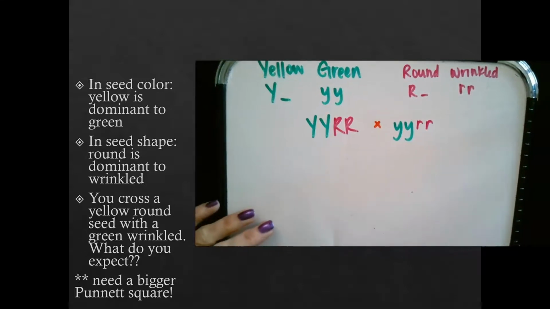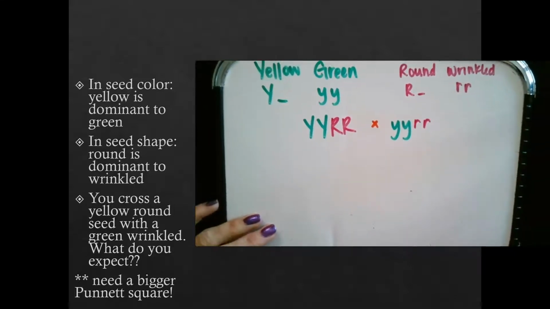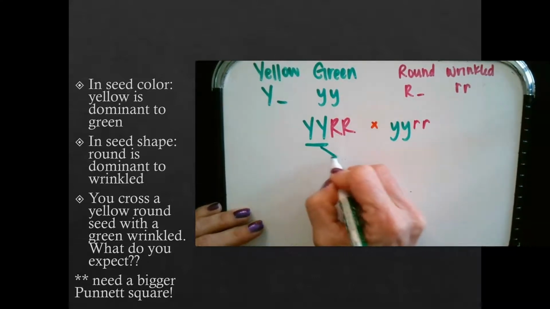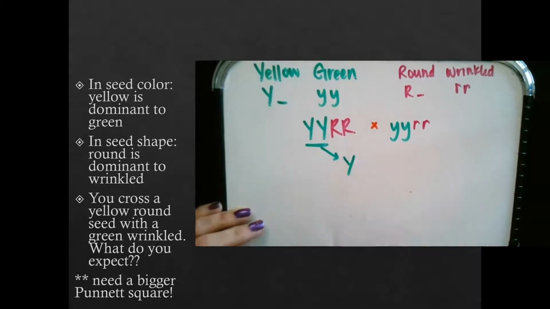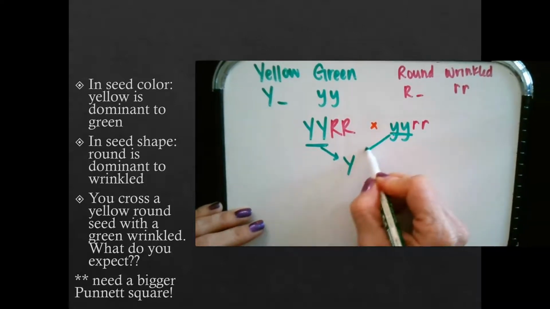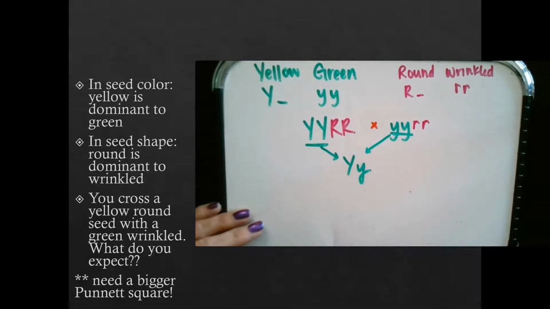The offspring from this mating is going to get one of each type of allele. So from this parent, we will contribute a big Y. From this parent, we contribute a small y.